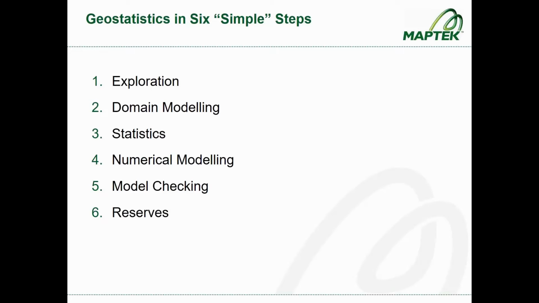Depending on what type of deposit you're dealing with, what data you have available to you, and the purpose of your model, those kind of dictate which tools you use. But at any rate, we're going to go through each one of these as if we were generating a global resource model.